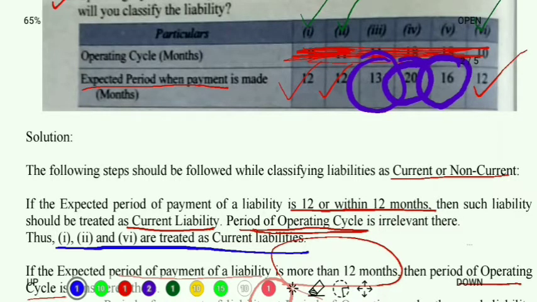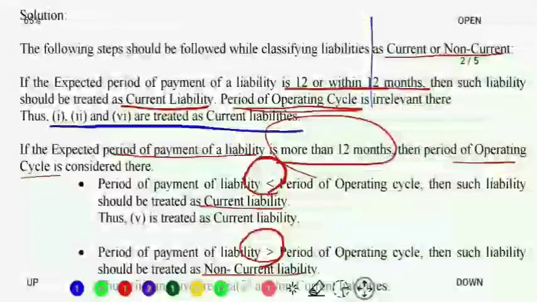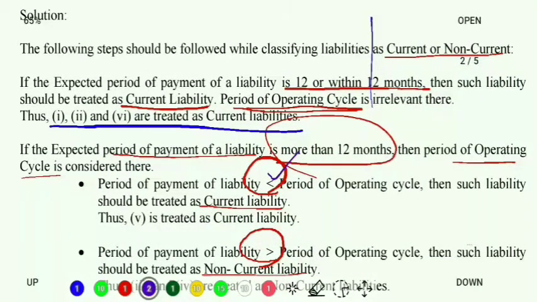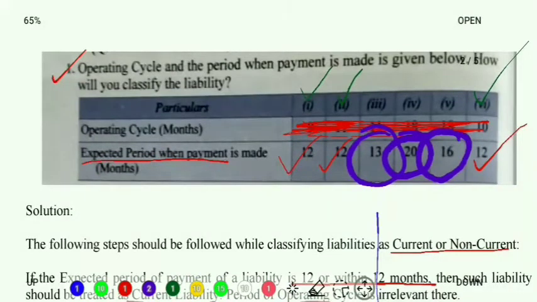What is step number 2? We are going to compare it with the operating cycle. If the expected period of payment is less, it is current liability. If the expected period of payment is more, it is non-current liability. Now after step number 1, which were the liabilities left over?